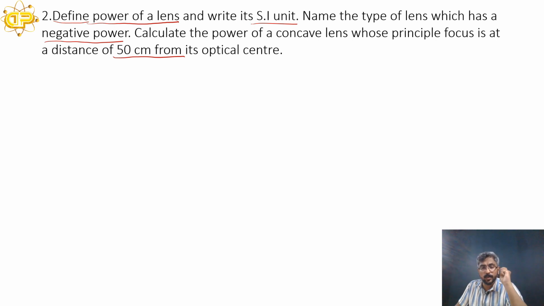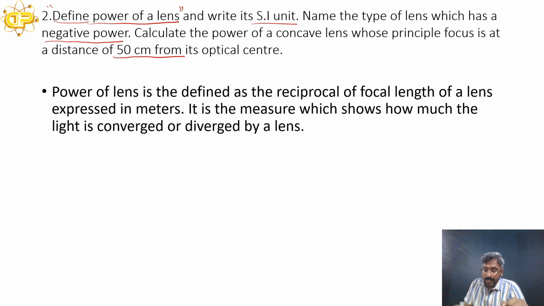The first part of this question is to define the power of a lens. The power of a lens is defined as the reciprocal of the focal length of the lens expressed in meters. That is, power of a lens is equal to the reciprocal of focal length expressed in meters.